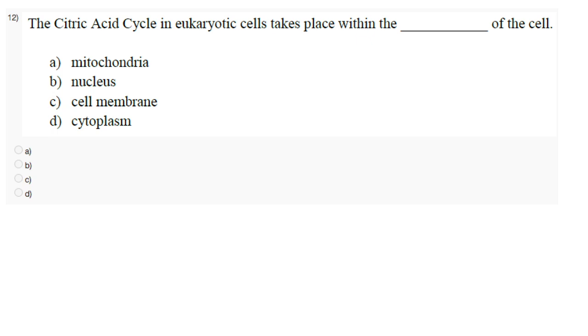Next question we have: the citric acid cycle in a eukaryotic cell takes place within the mitochondria, nucleus, cell membrane, or cytoplasm.